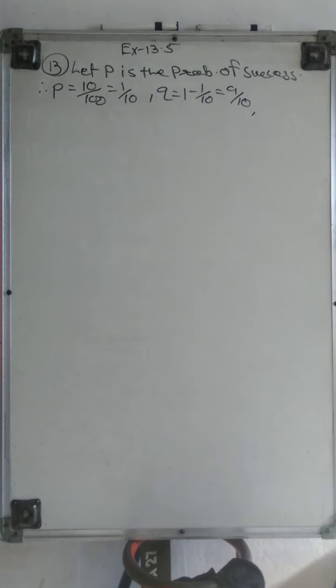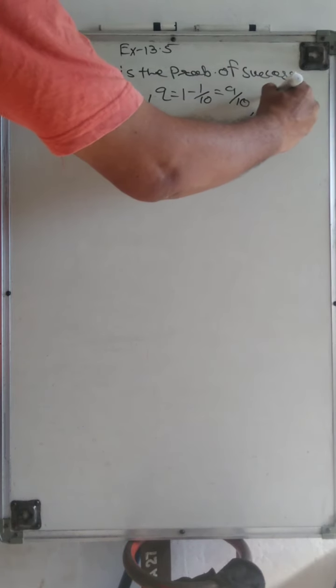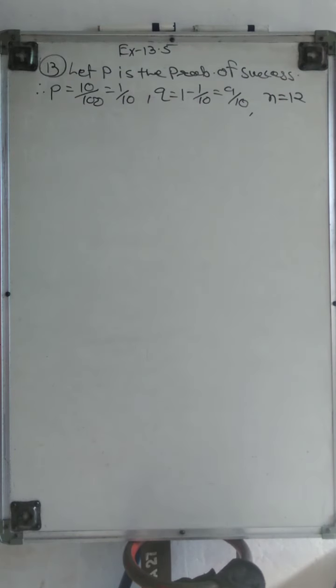Now we want to find, from the 12 articles, meaning we take n equal to 12, we select 12 articles, and from these 12 articles 9 are defective, meaning we want to find x equal to 9.